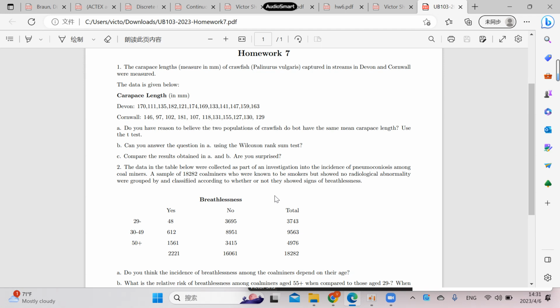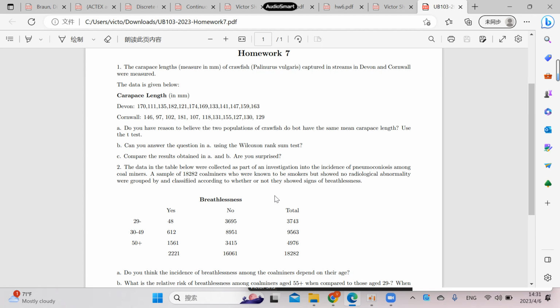For question B, you have the Wilcoxon rank test. So here the basic idea is you're going to find the ranks. You're going to rank those 12 plus 11, which is 23 observations in total. Their ranks should be 1, 2, 3, 4, all the way to 23, from the lowest score to the highest score.